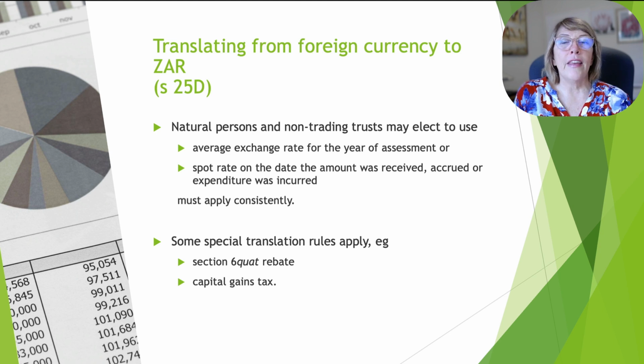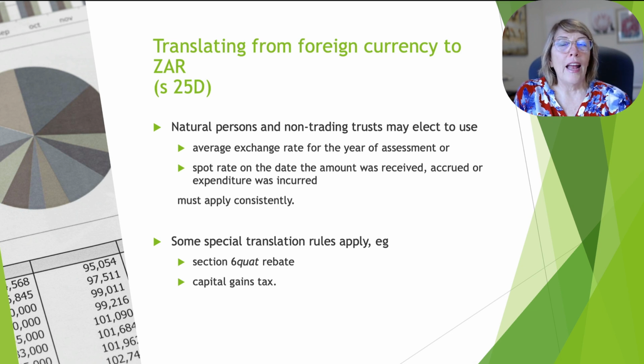You can choose either the average exchange rate for the year of assessment, and that is something that's published by SARS from time to time for any particular year of assessment. They'll say for these various currencies, this was the average exchange rate for that year. Or you use the exact spot rate on the date that the amount was received, accrued, or if it's expenditure, the date that the expenditure was incurred.